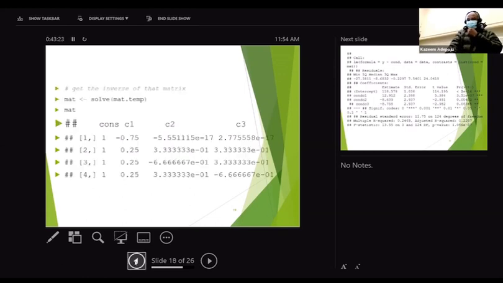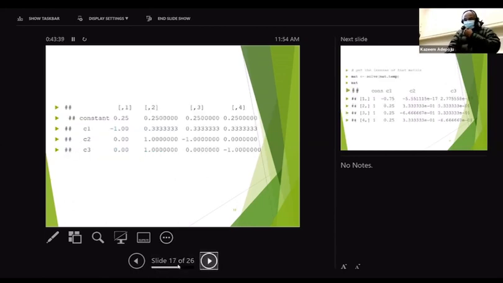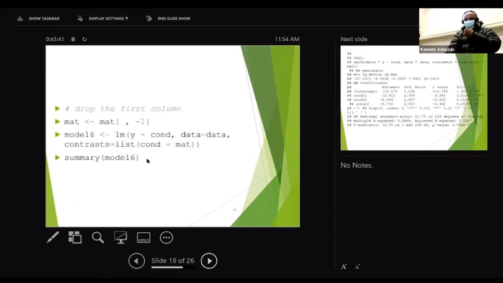Let me just show you this. Where we started, we have our data set, dollar COND, which is going to be the predictor. Now when you take a look at this, you are regressing the response on the predictor.